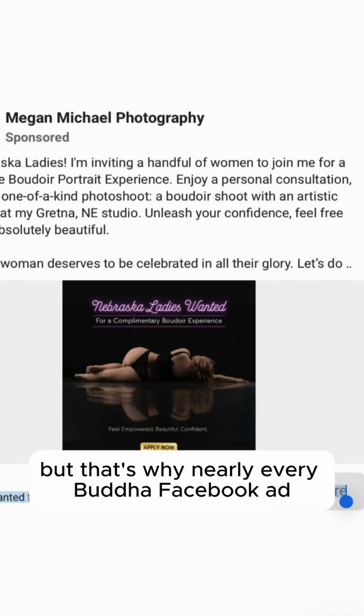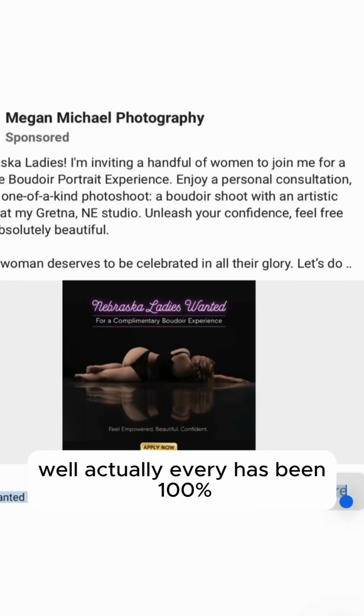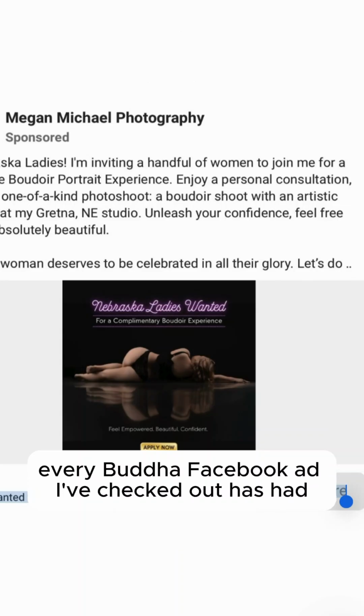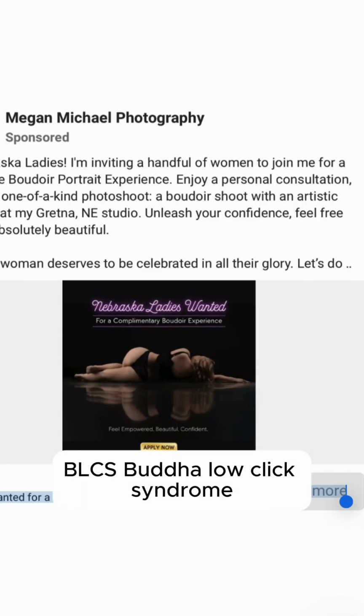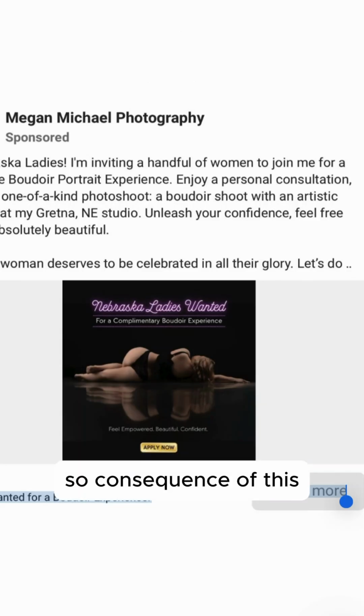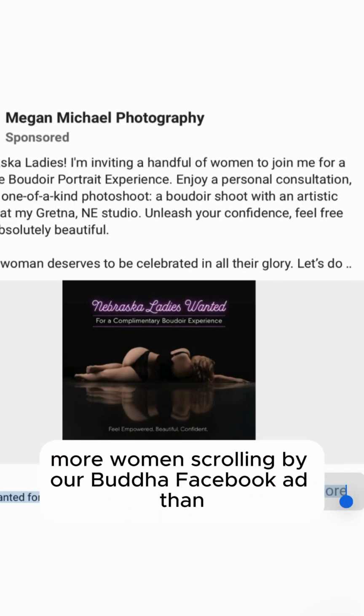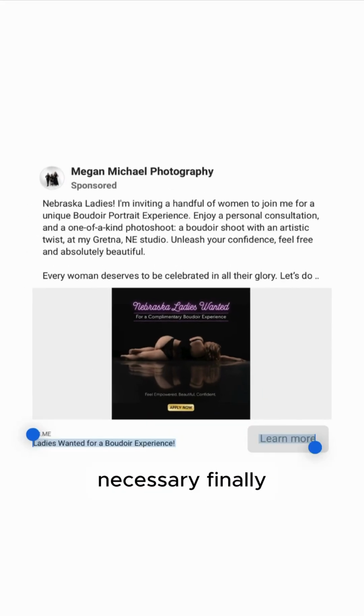But that's why nearly every Boudoir Facebook ad, well, actually every Boudoir Facebook ad I've checked out has had BLCS, Boudoir Low Click Syndrome. So the consequence of this is more women scrolling by our Boudoir Facebook ad than necessary.